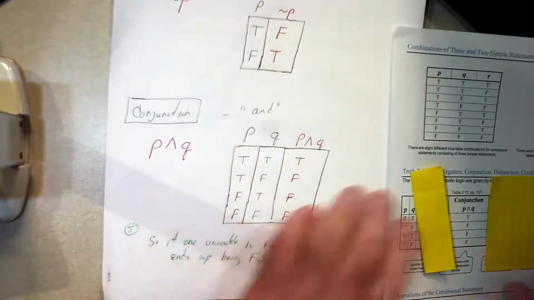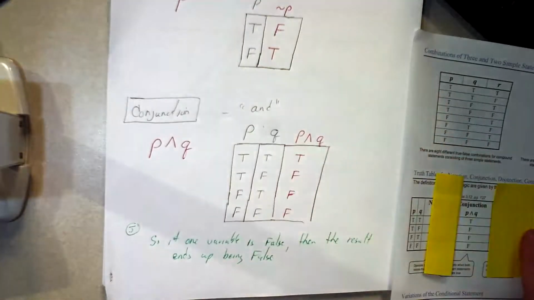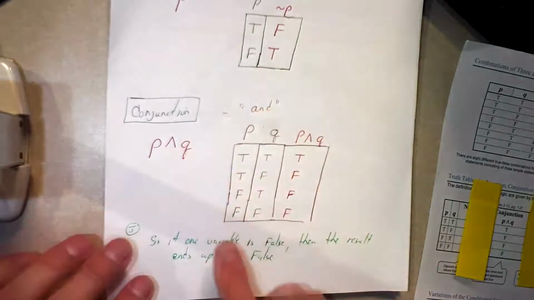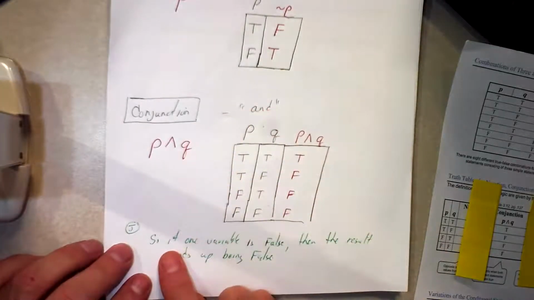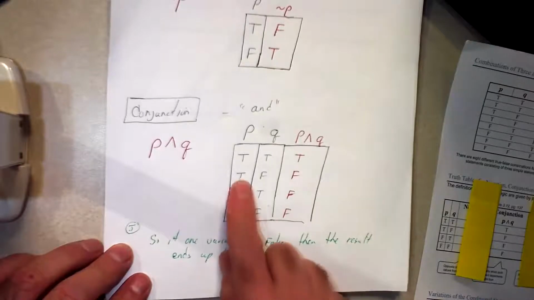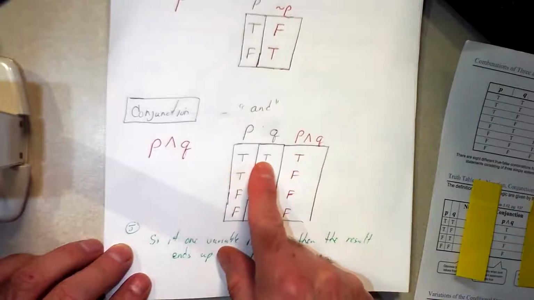Someone was asking, well, do I have to memorize them? No, you don't have to memorize them. But if you want to memorize them, this is how to remember it. When you do a truth table for the and, a conjunction, the easiest way to remember is, if one variable is false, then the result ends up being false. So notice, if one of these variables is false, the whole result is false.